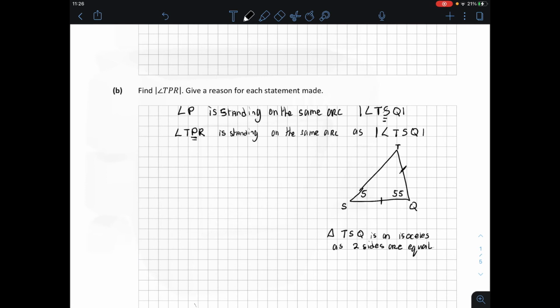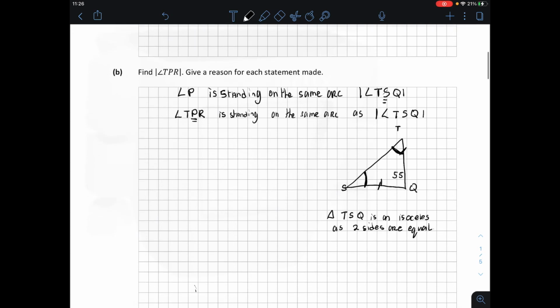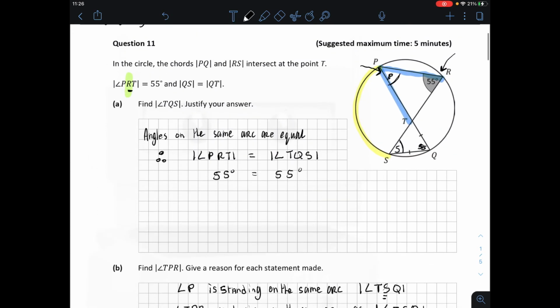When we have two equal sides, we know that their opposite angles will also be equal. So we know that the angle T and the angle S will be equal to each other.